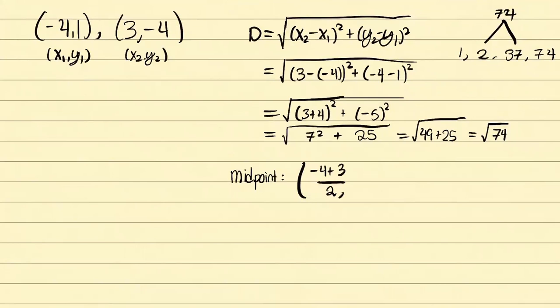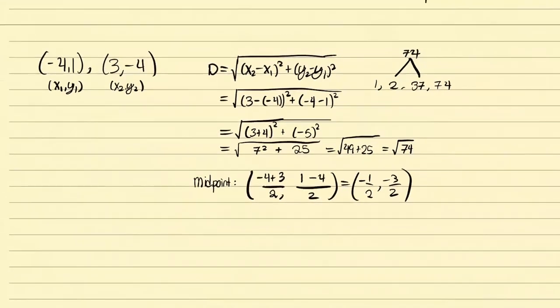I guess y1 is technically 1. y1 plus, so I'm going to write that minus because it's adding a negative 4, over 2. So this is going to be negative 1/2, negative 3/2. And that's the midpoint. Any questions on this? I think this is a fairly straightforward concept, nothing too tricky.